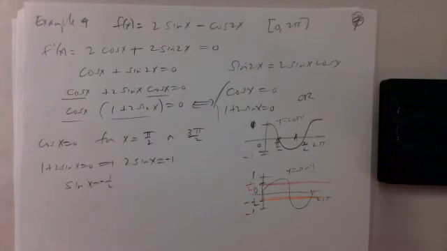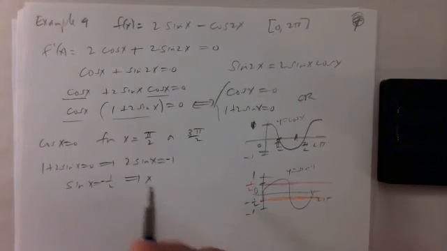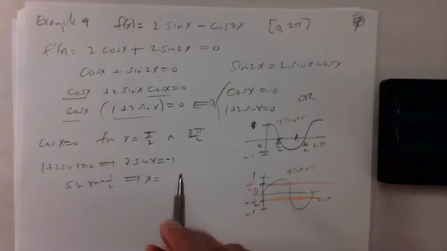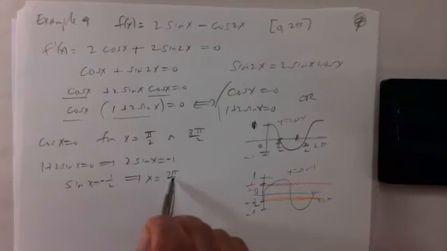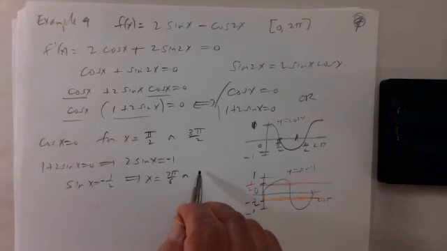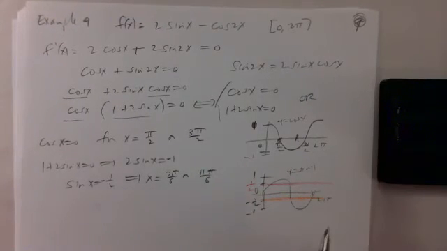That happens when x is equal to, so it's going to have to be in the third and the fourth quadrants. X equals either 7 pi over 6 or 11 pi over 6.